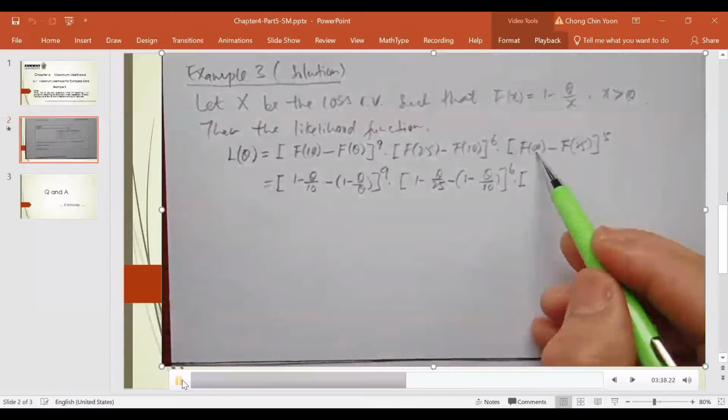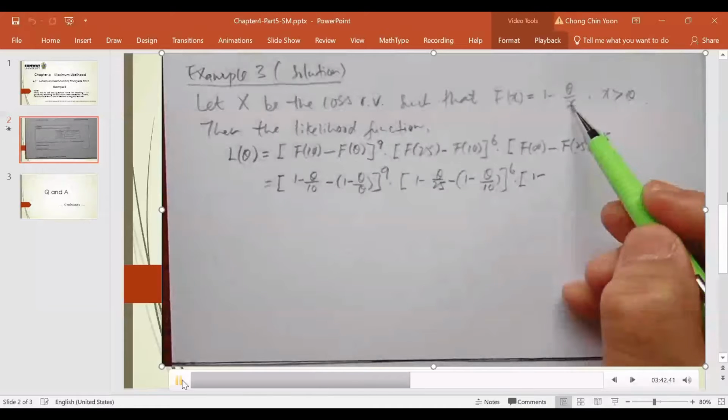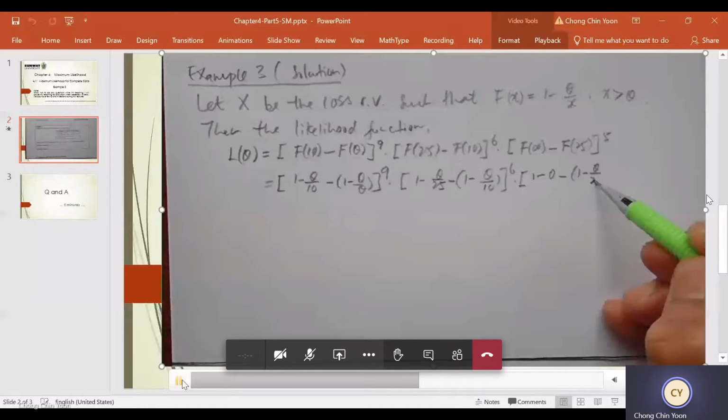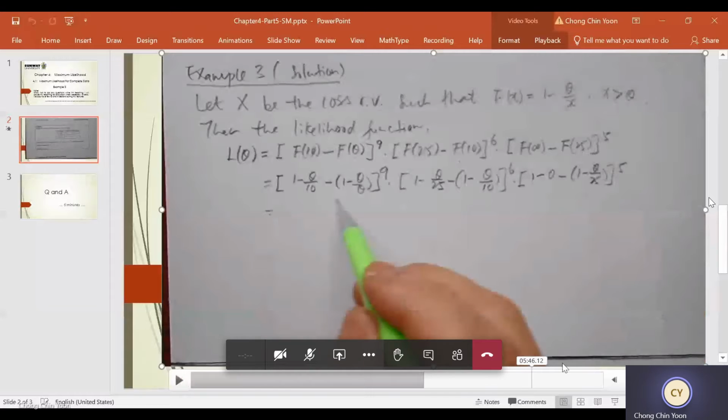And the last factor here, this will give me 1 minus, when x approaches infinity, this becomes 0, and minus 1 minus θ divided by 25 to the power of 5. So, simplified. Okay, class, please take note here.